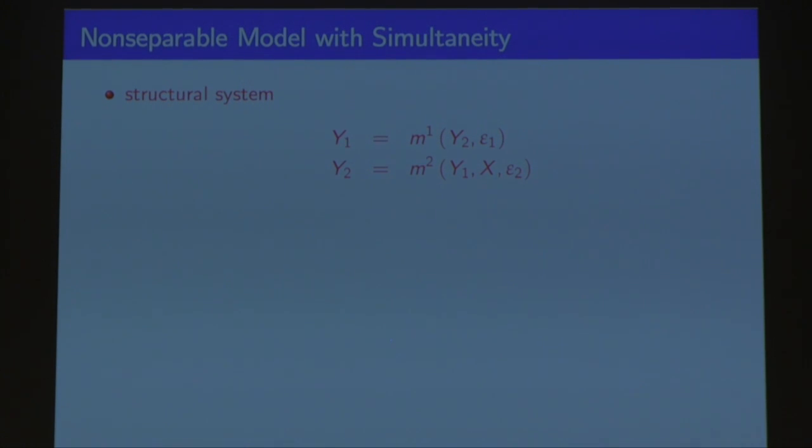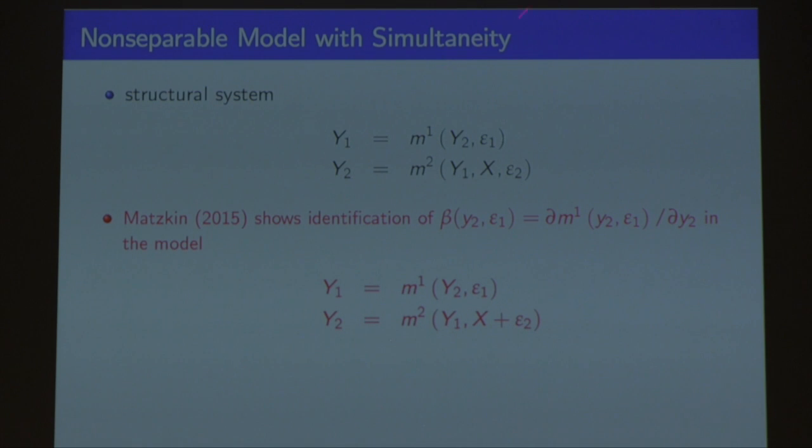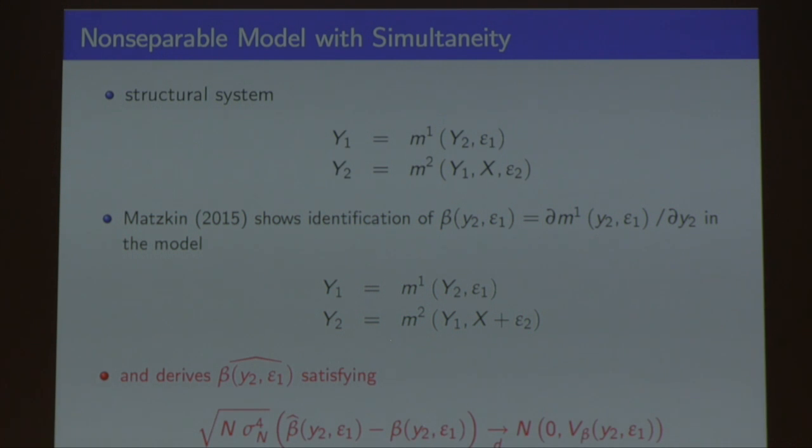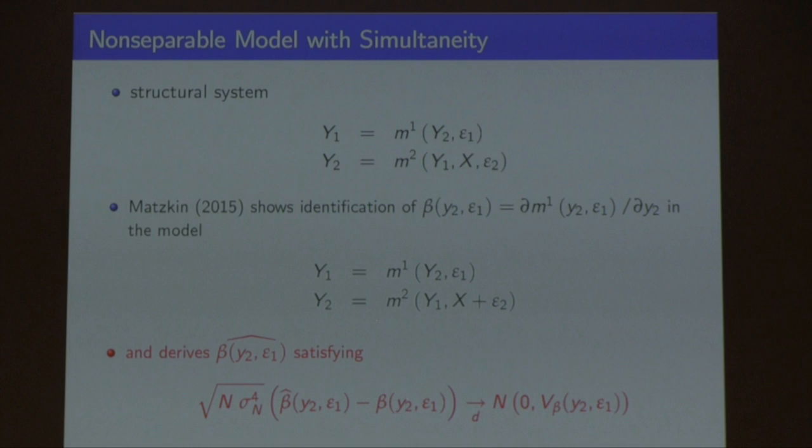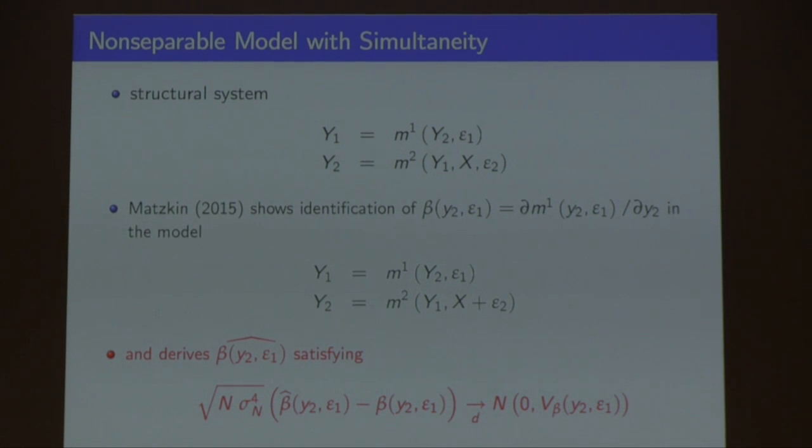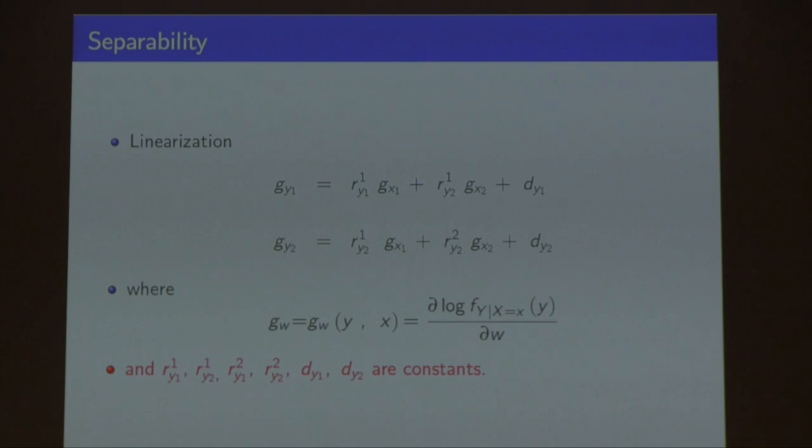So if we have a model like this, and we're interested in the derivative of the demand with respect to price, then I have developed an estimator for that and for the previous one, so we can identify this and we can estimate it. Basically we look at the density of price and quantity given wages, and taking logs, derivatives, and solving that system, we can estimate it.